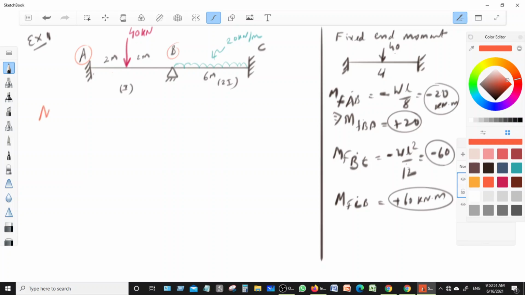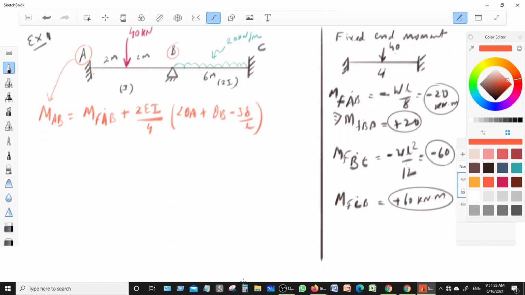The moment at A for span AB is equal to the fixed end moment at A for AB span plus 2EI upon L, where L is equal to 4, in bracket 2 theta A plus theta B minus 3 delta upon L. This is the generalized equation to find the moment at support A.